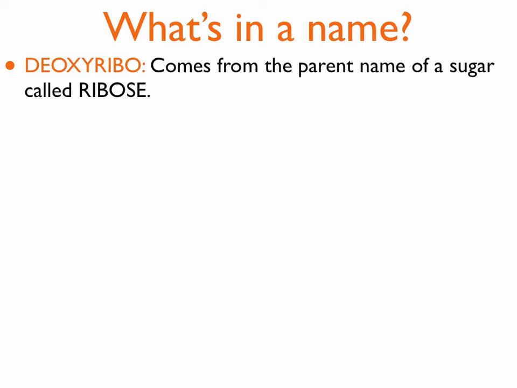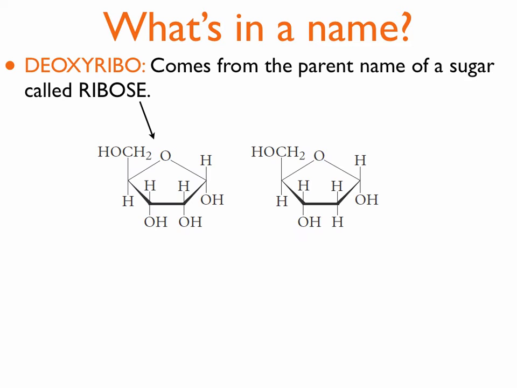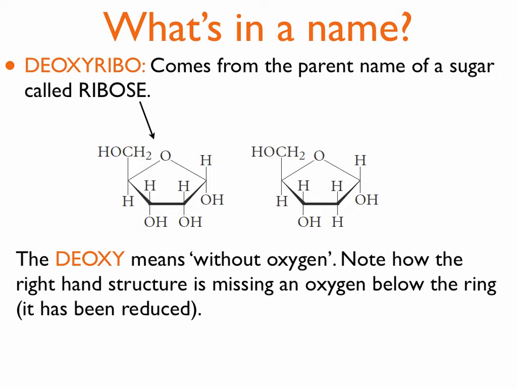Well, what's in a name? The name actually tells us the 3 major parts of the DNA molecule. Deoxyribo comes from the parent name of a sugar called ribose. Now here's ribose. If you examine the structure on the left, you'll notice that down the bottom of the ring there are 2 hydroxide groups. The deoxy means without oxygen.